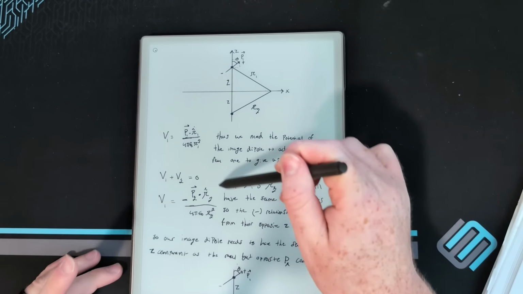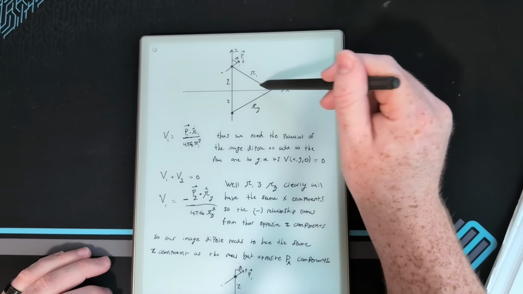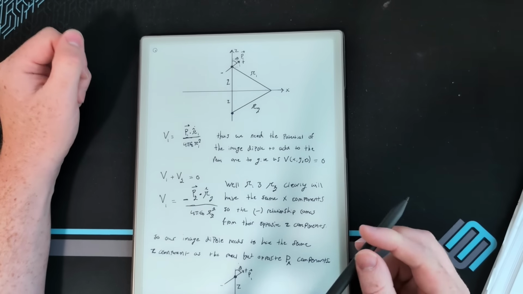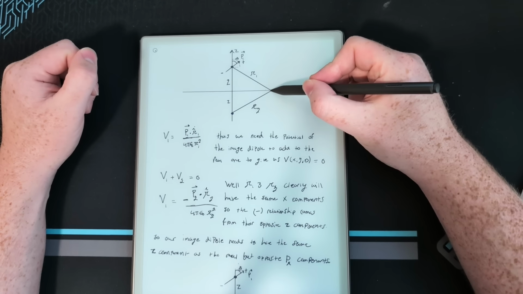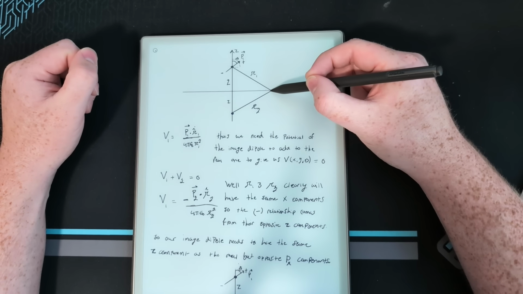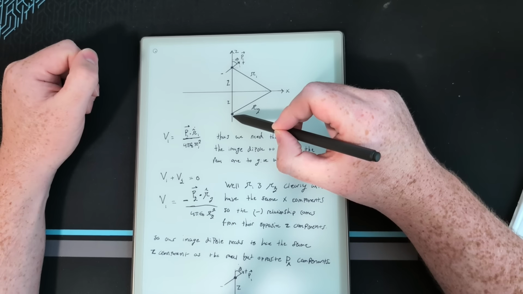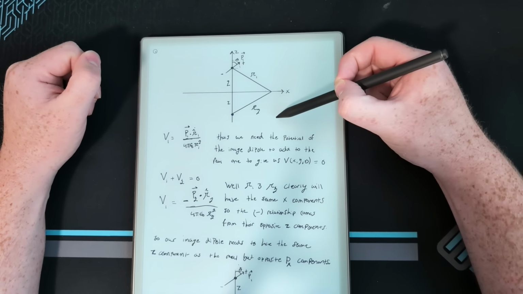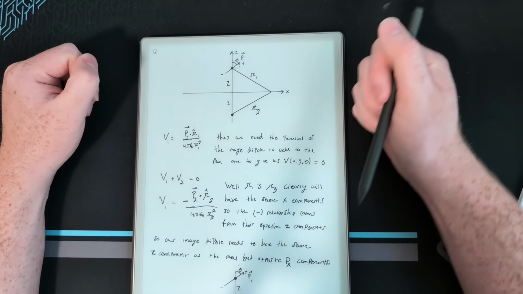Now, to get this situation, if you just look at this vector R1 and R2, clearly the x components of these two vectors will be the same, right? If we place this one at an equal distance z down here, it's going to have the same x component of the vector, if we draw out these components.